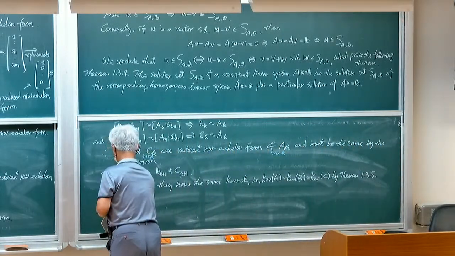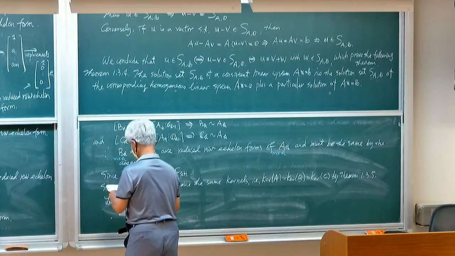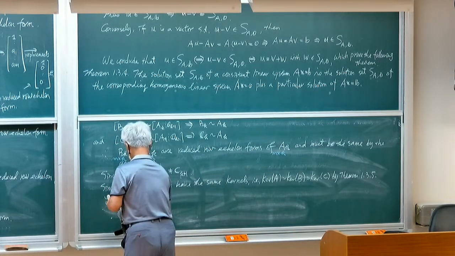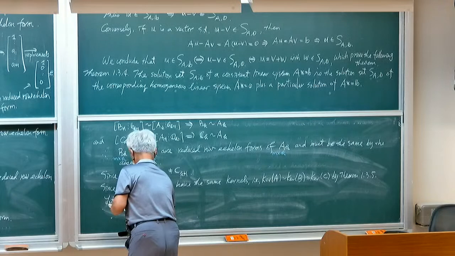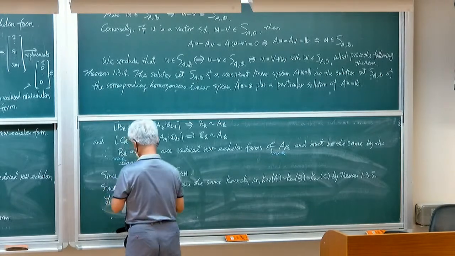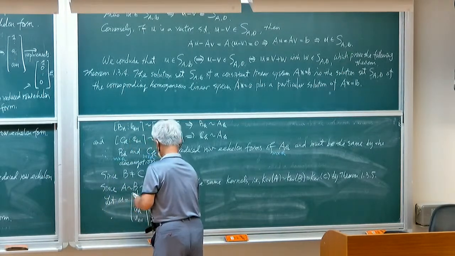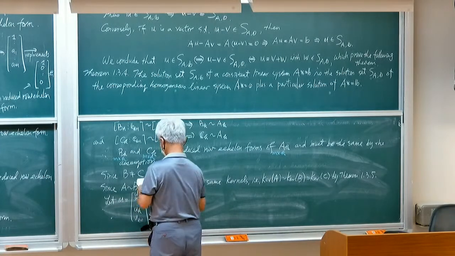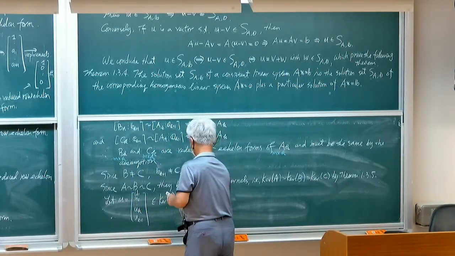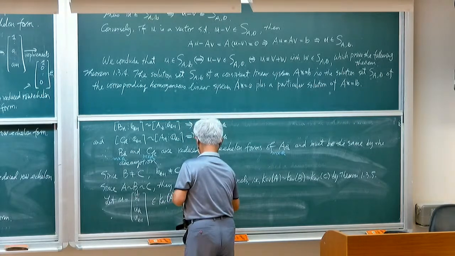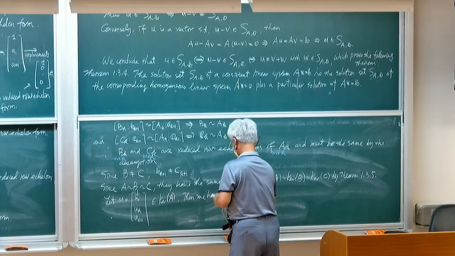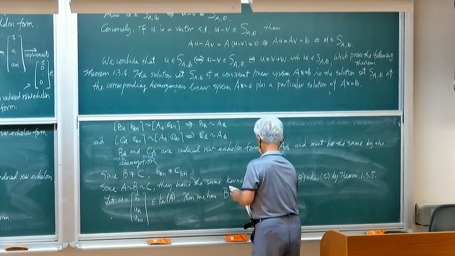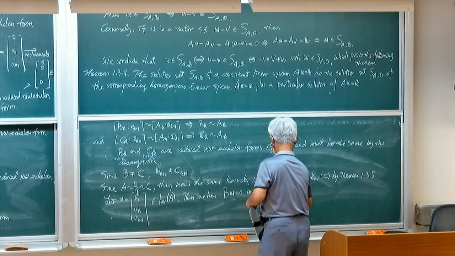Okay, so let u = (u_1, u_2, up to u_k, and u_{k+1}) be in the kernel of A. Then we have Bu equal to 0 and Cu equal to 0.